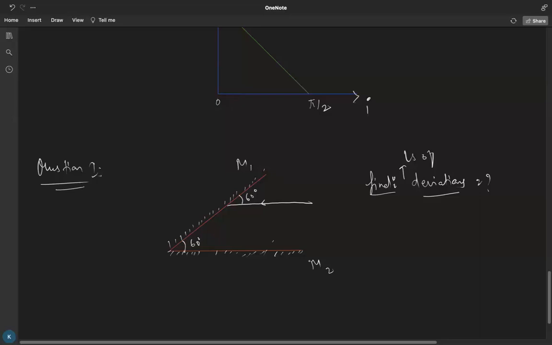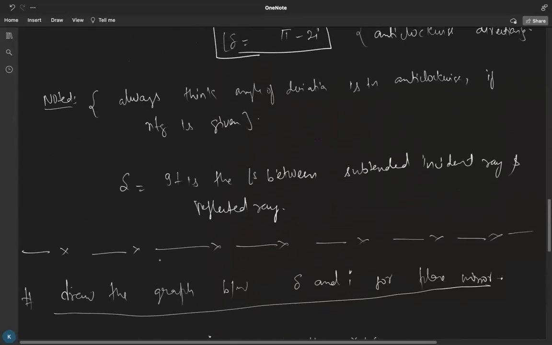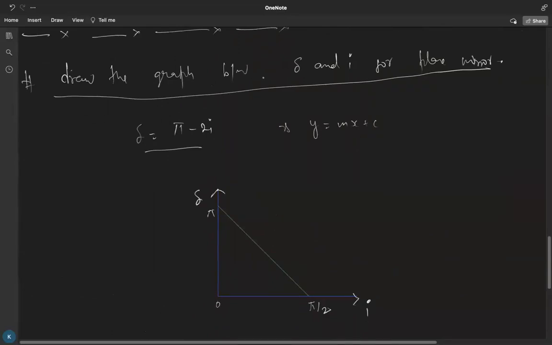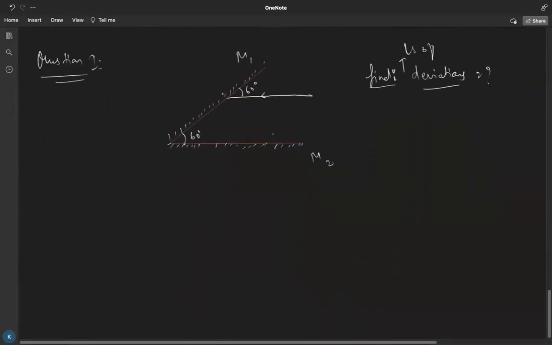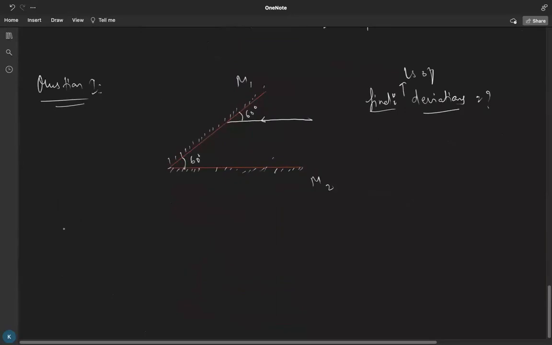Then you have to find the net deviation, right? So how can we do this? We have a formula: the deviation is equal to pi minus 2 times the angle of incidence, right? So let's apply this formula.